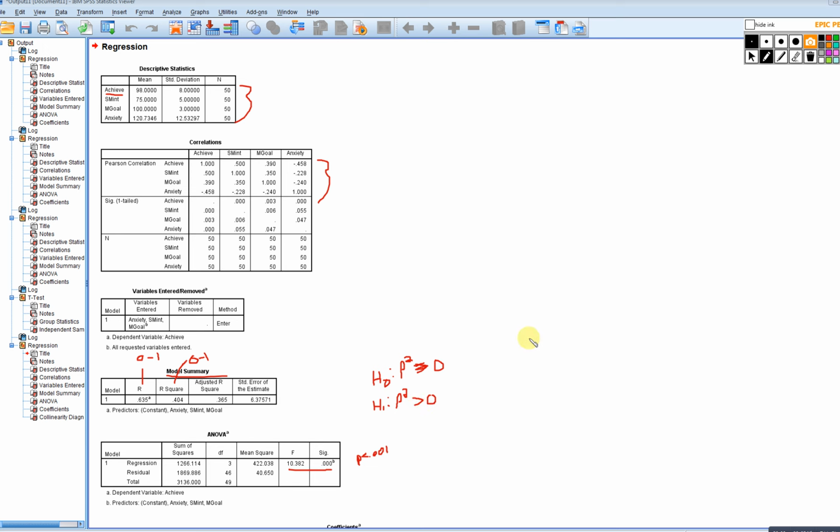At this point, let me also note that we have another index in our model summary table. This is called adjusted R-square, and the reason this is important is that the R-square value that we compute can be positively biased as an estimate of the population R-square.